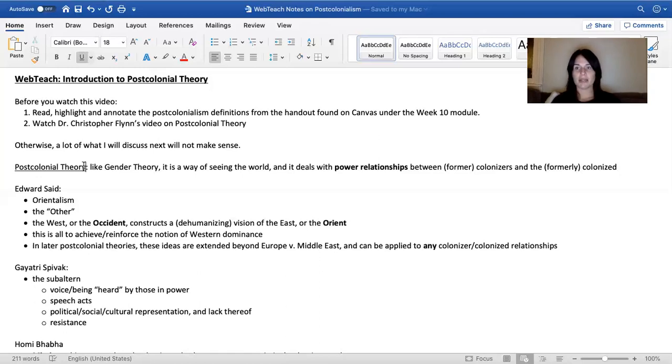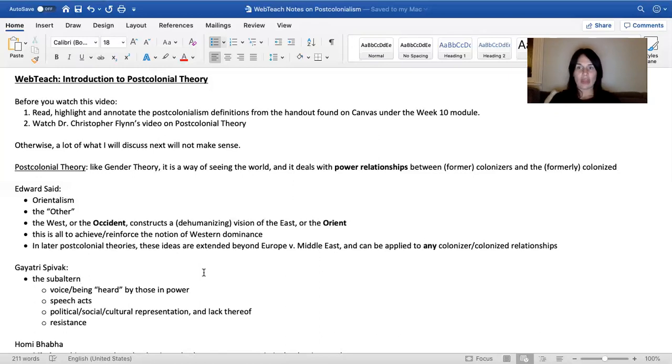But she applies this idea of the subaltern to her understanding of Indian society, because she herself is from India. And in terms of the subaltern, she's talking about the people who essentially are the furthest away from power in a given society, okay?